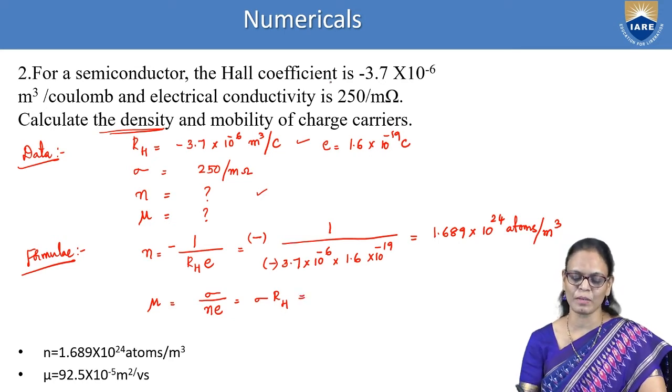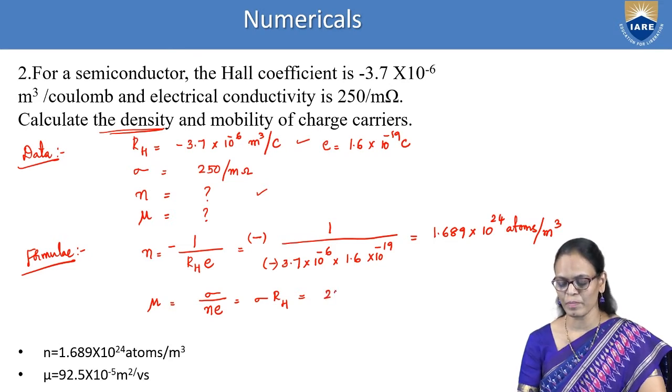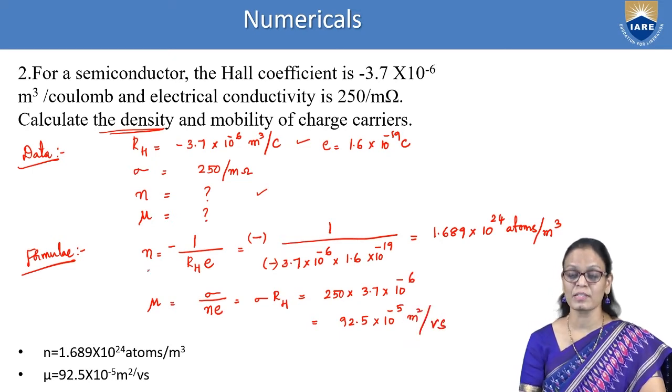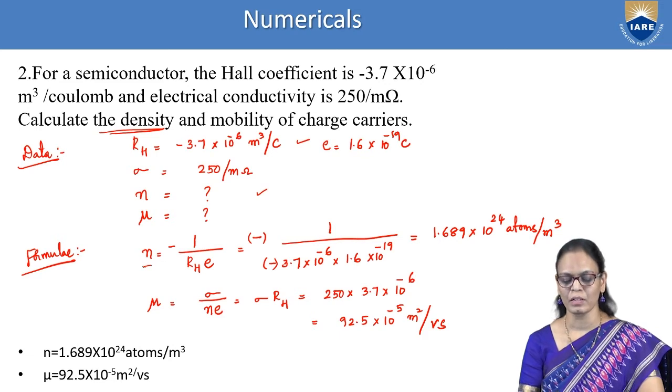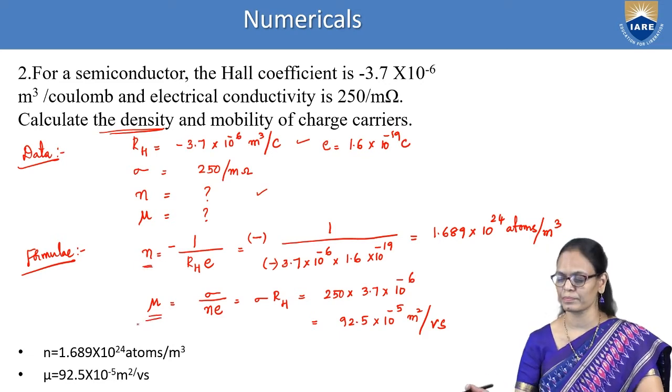The conductivity is 250 and the value of RH is 3.7 into 10 power minus 6. So this is 92.5 into 10 power minus 5 meter square per volt second. So that is how we are able to calculate the carrier density and also the mobility.